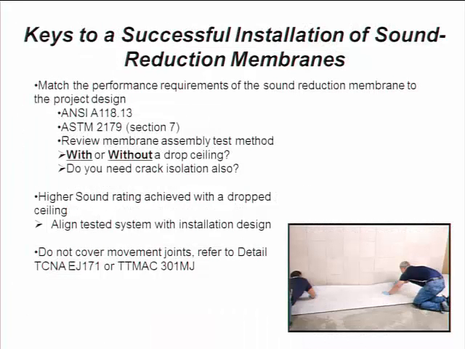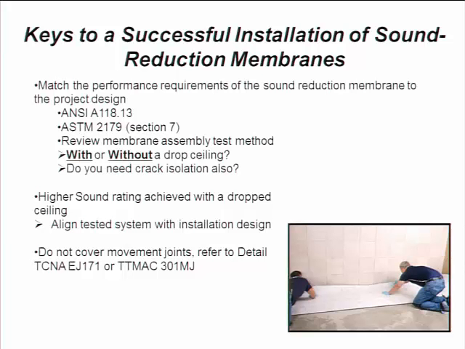Let's look at some of the keys to a successful installation of sound control membrane. You would be looking at following this specification, which we are talking about, the 118.3, which we will cover in detail as to what is all involved in it. Looking at the ASTM 2179 is another important specification. Review the membrane test assembly.